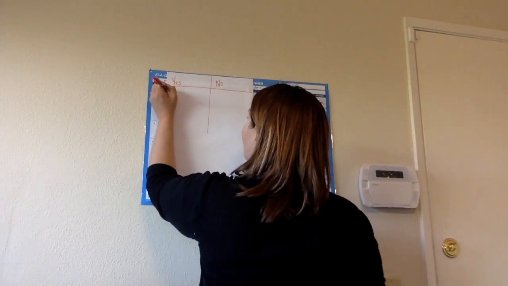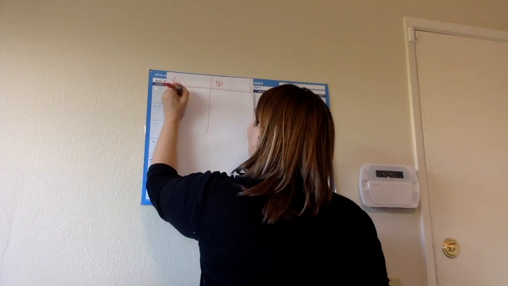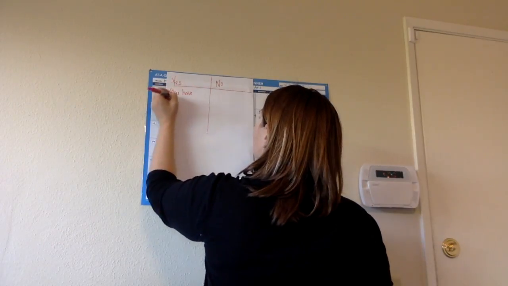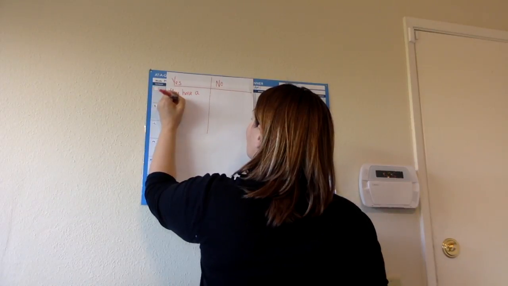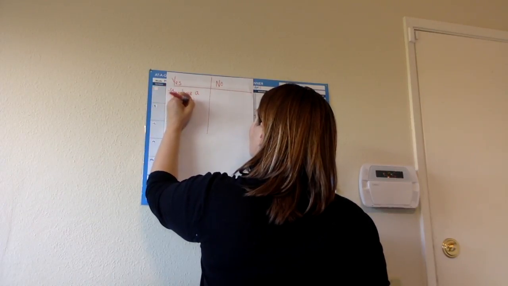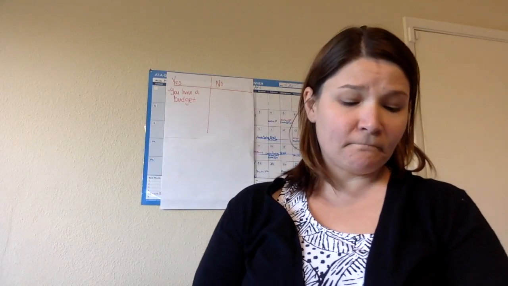So one yes example for this skill is that you have a budget. Maybe you can only spend so much money, and you want to have a budget. So that's a yes reason. You have a budget.